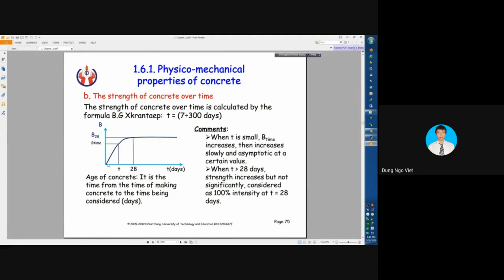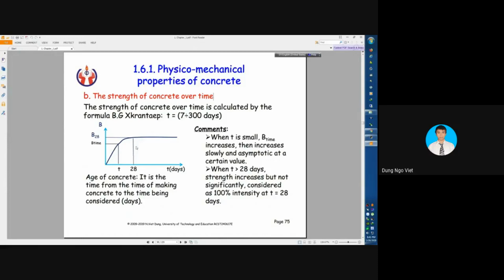This chart shows the development of the concrete strength. As you can see here, when the time is less than 28 days, the concrete strength increases dramatically.